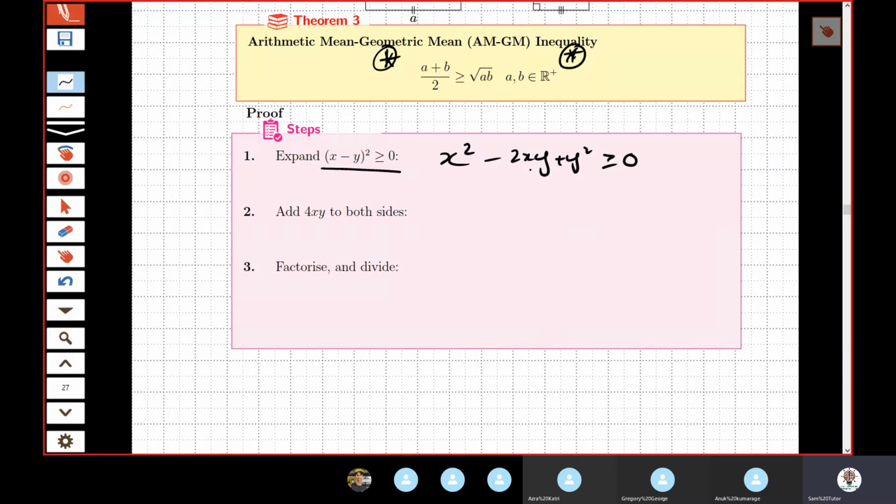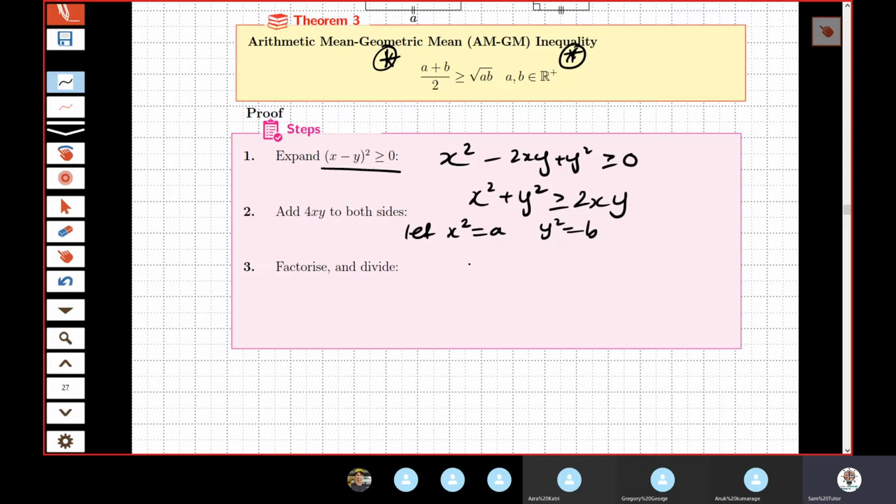From that, if I add 2xy to the right-hand side, I end up with this result. Now if I let x squared equal a, and let y squared equal b, what would you end up with?